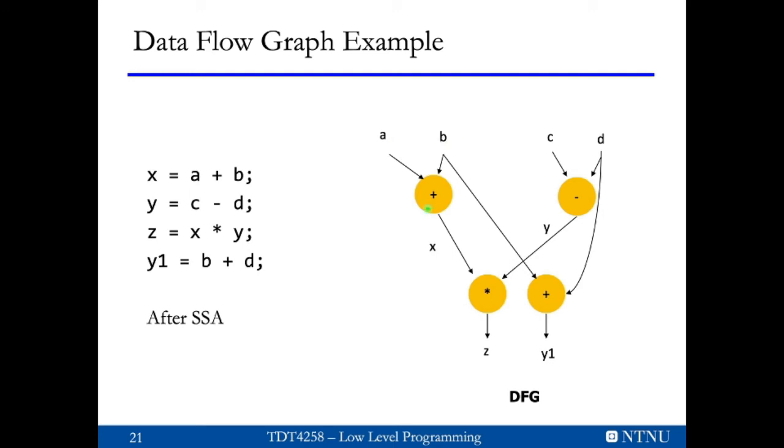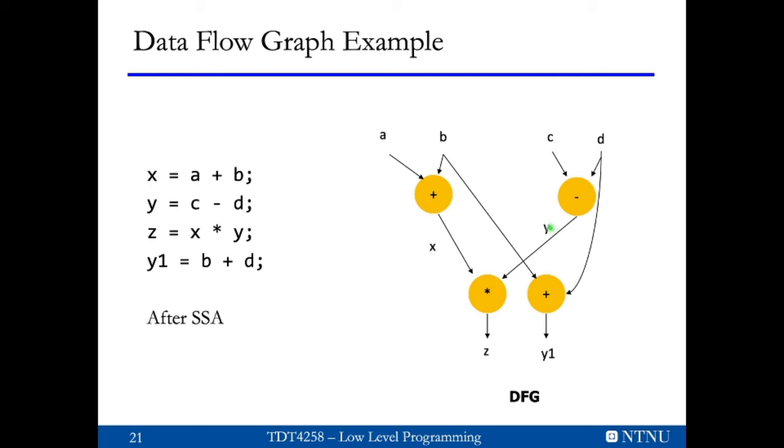So for example, the first line of code x equals a plus b is transformed into this block here, so we have our addition operation. We take a and b as an input and we output a variable called x. The next line of code, y equals c minus d, is represented on the right hand side here, so we have a subtraction operation here. We subtract d from c and generate an output we call y.